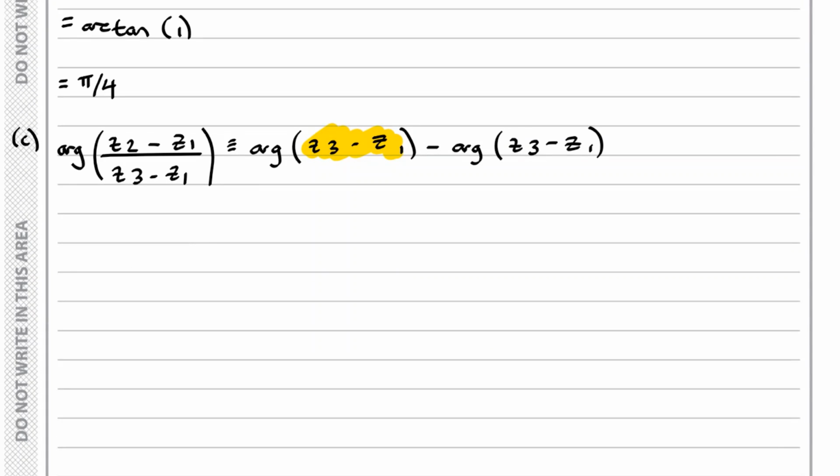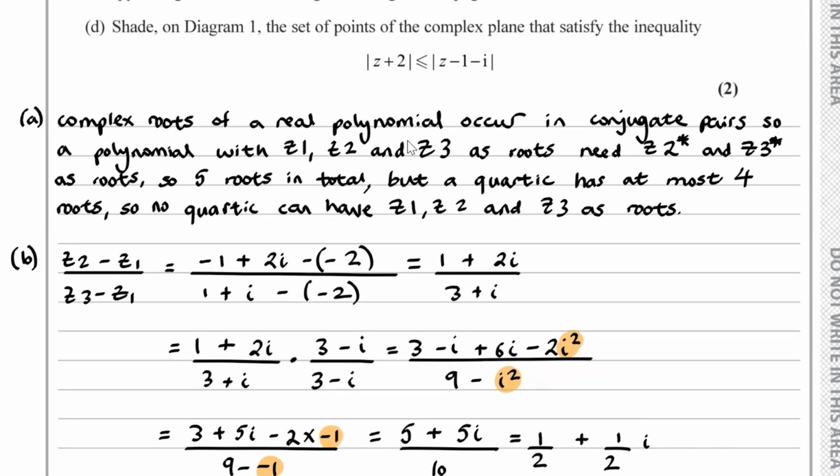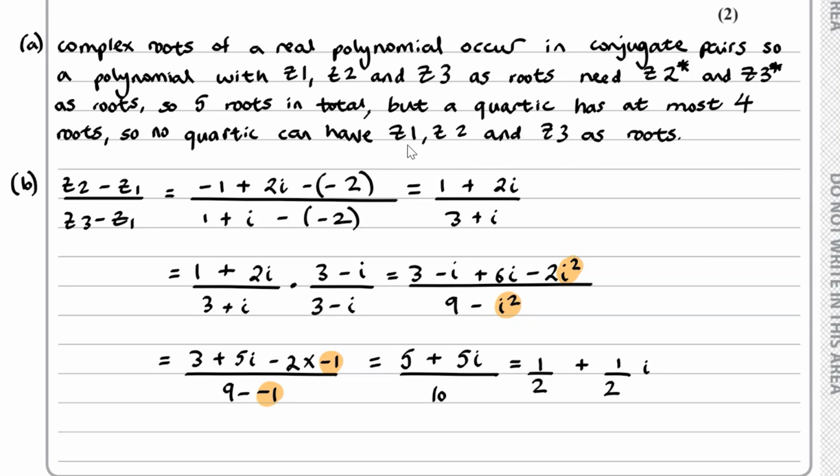This is z2 minus z1. So z2 minus z1, that bit we found to be this bit here, 1 plus 2i.